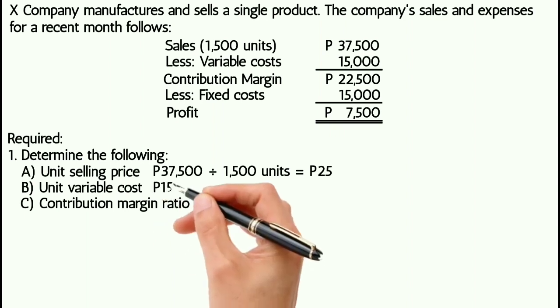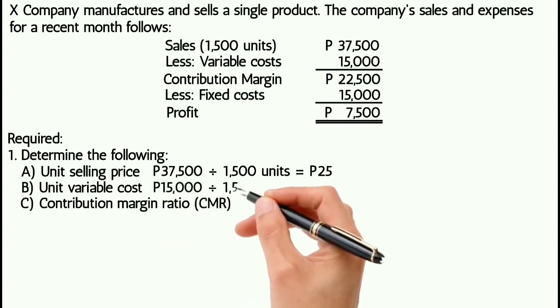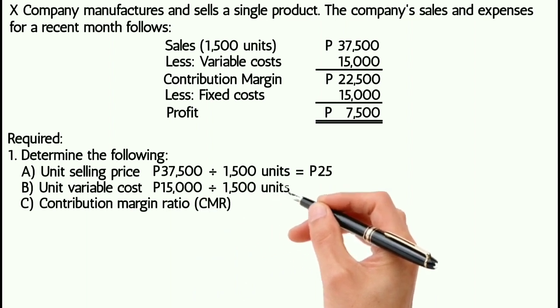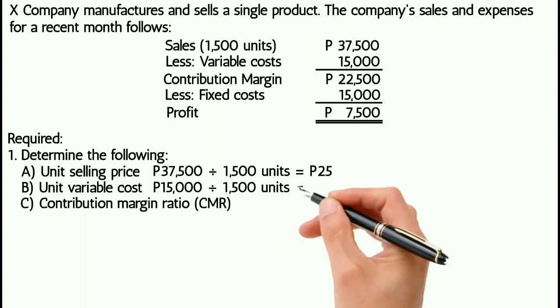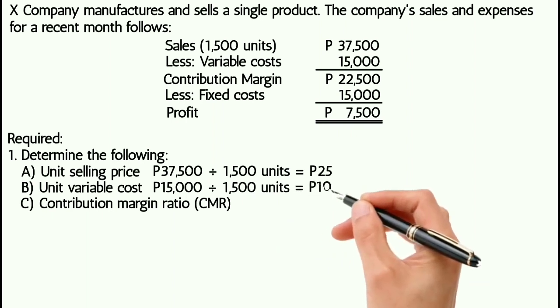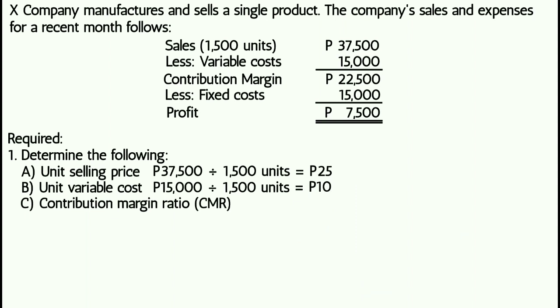So that is 15,000 pesos divided by 1,500 units, that is equal to 10 pesos. And that is the unit variable cost or the variable cost per unit.